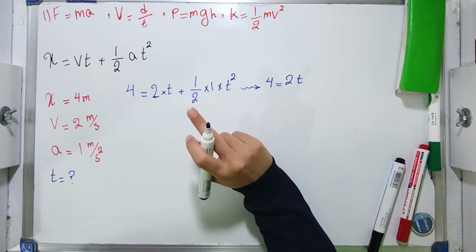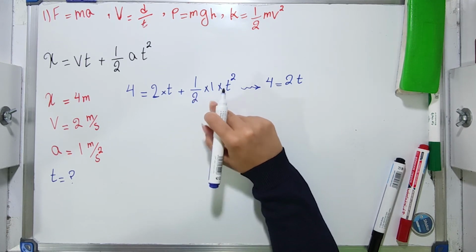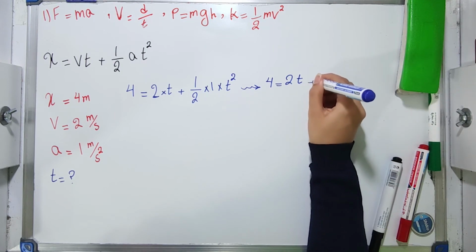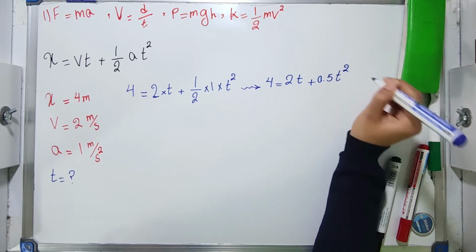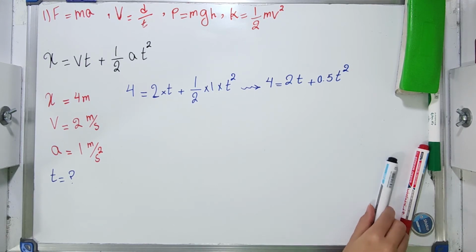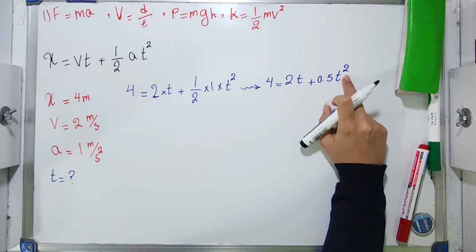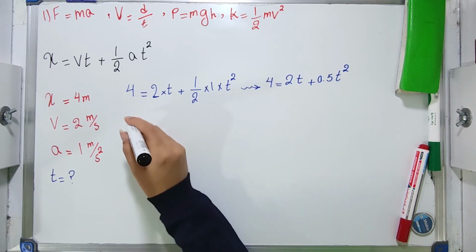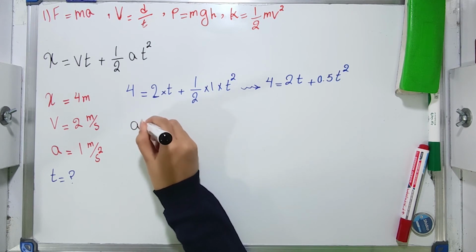I told you, make your equation as simple as possible. So 1 over 2 times 1 will be 1 over 2, or actually half, 0.5 t squared. So guys, we have a second degree equation here because the variable has power of 2. Imagine that and recall that you had this one.